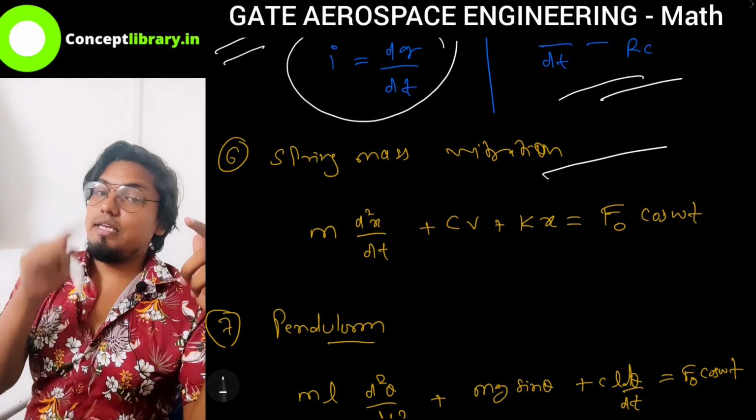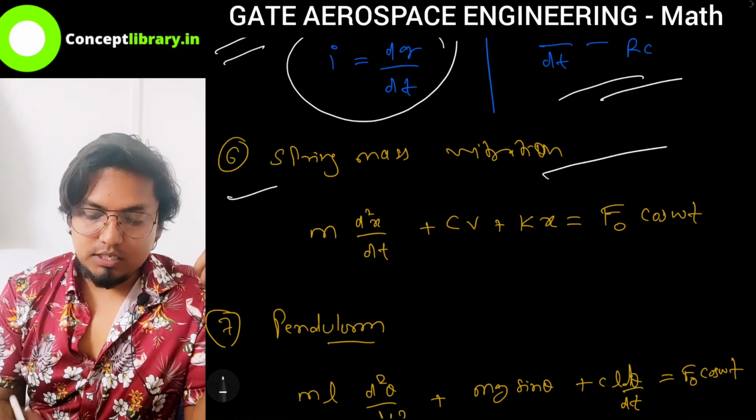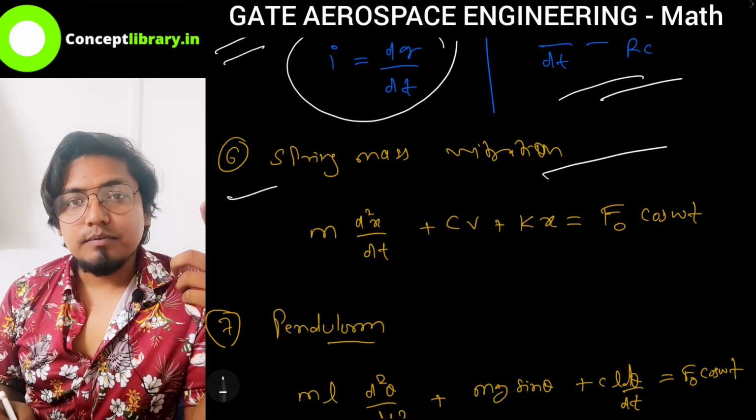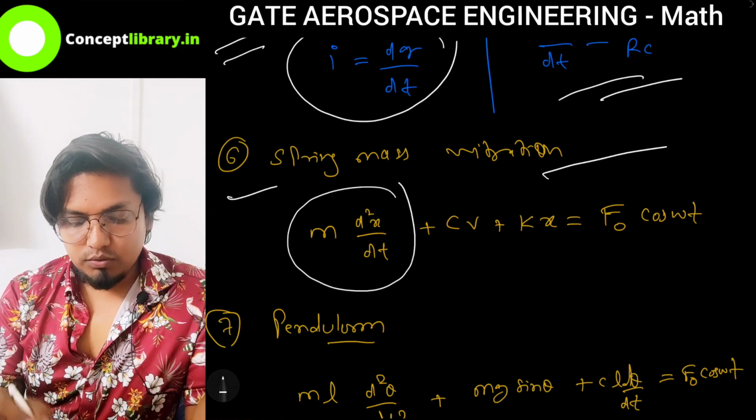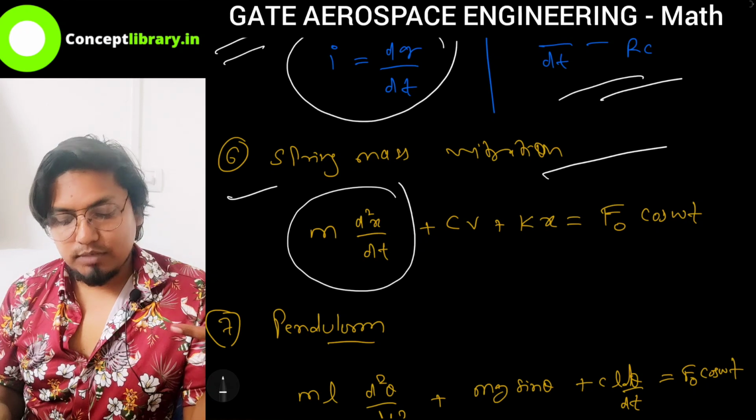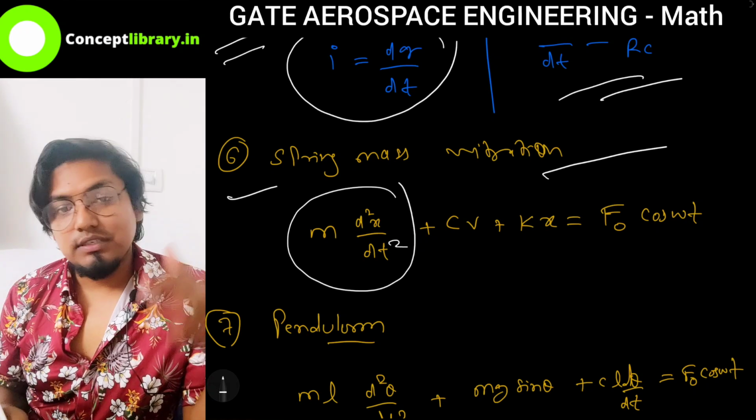Now in our GATE aerospace we discuss this spring mass vibration. There we can have m d2x by dt square, actually it should be square because it is acceleration.